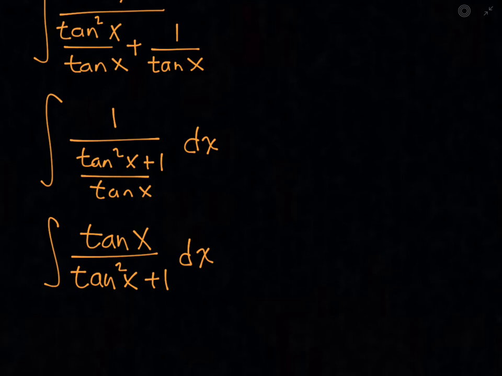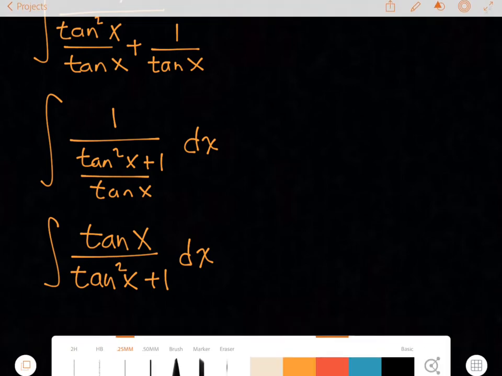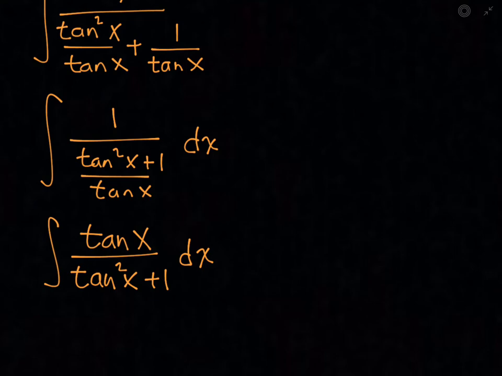Alright, now we're going to pull in one of our memorized trigonometric identities. The trig identity we're going to use today is tangent squared x plus 1 equals secant squared of x. You can actually derive this from sine squared plus cosine squared equals 1 by multiplying by something over itself, but that's beside the point.